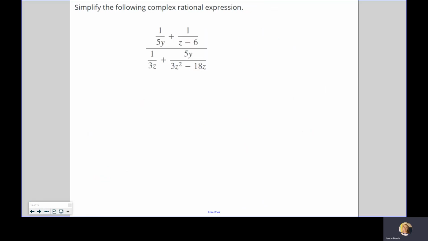I'll show you the alternative way you can do it on this example. The alternative is that you look at the numerator first, simplify that into one fraction, then look at the bottom, simplify that into one fraction, and then keep, change, flip. So let's try that one, and then you can choose which method you want to use. All right, so we're going to look at the numerator first.